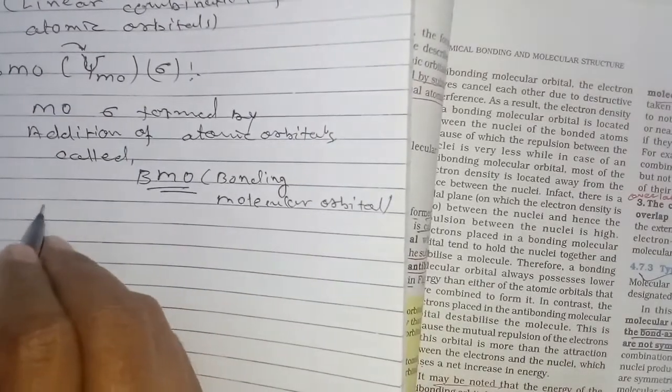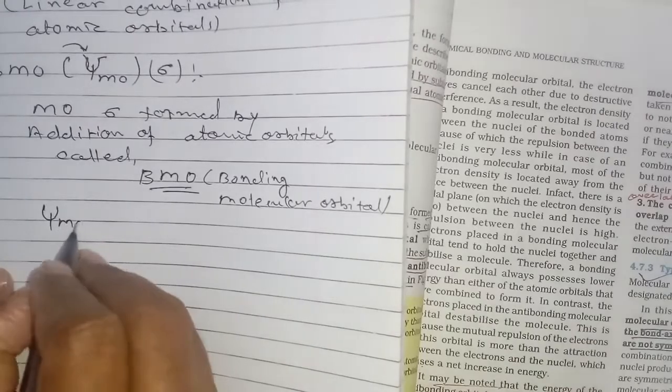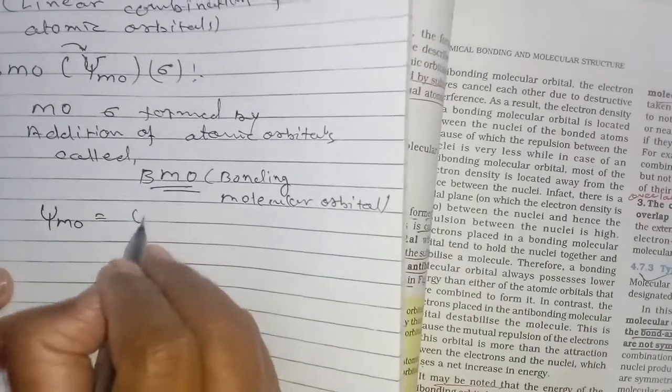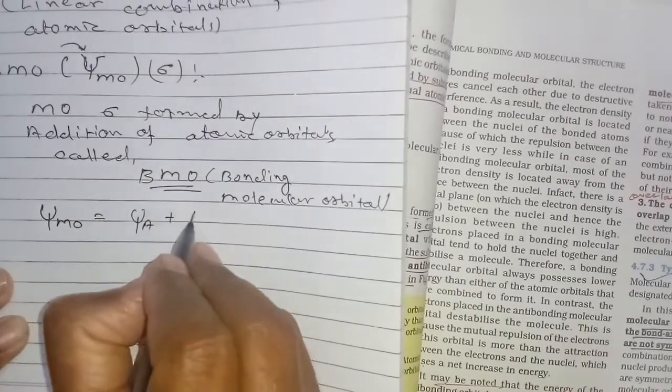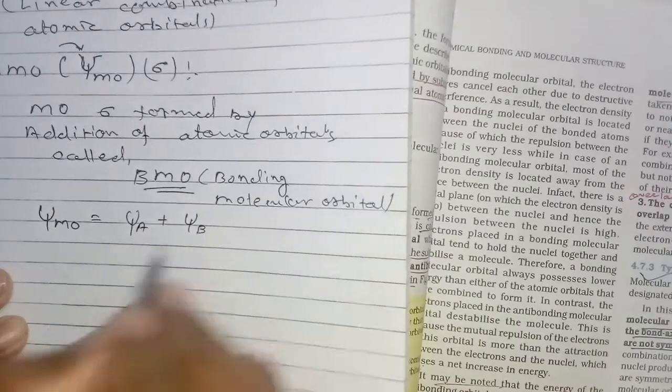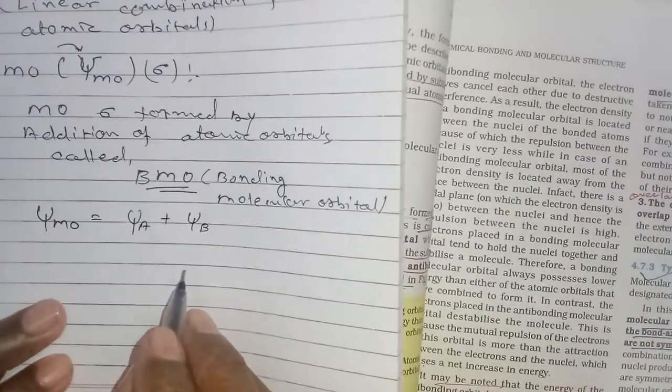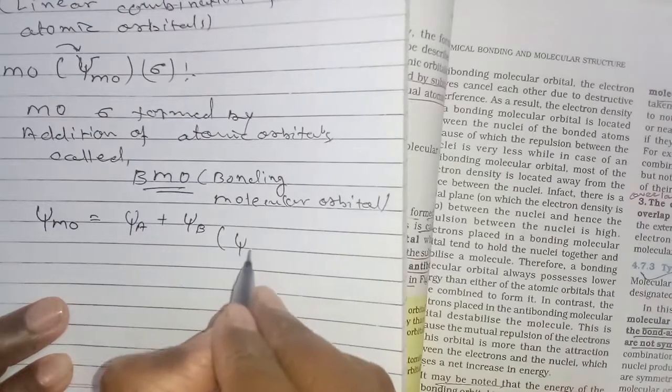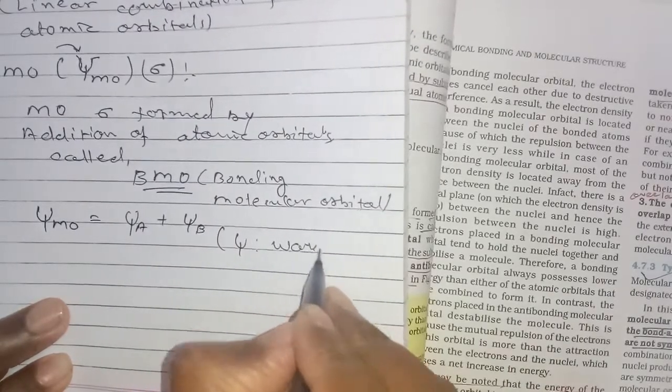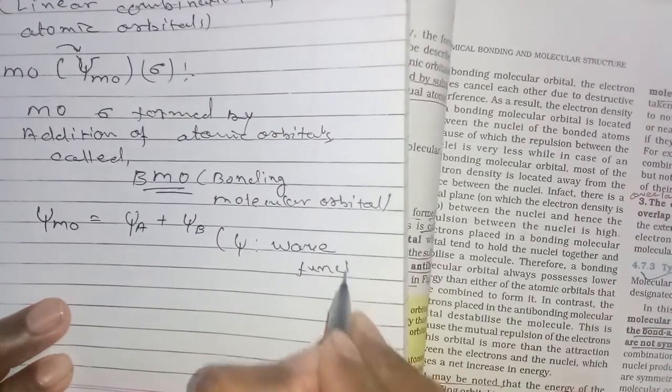We can write psi MO equals psi A plus psi B. Psi is nothing but the wave function.